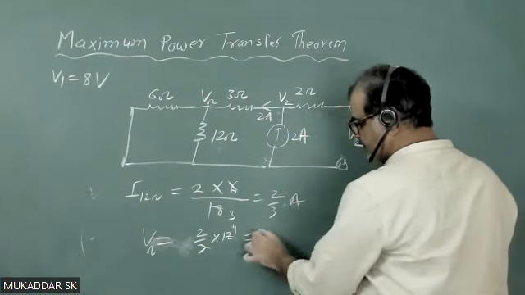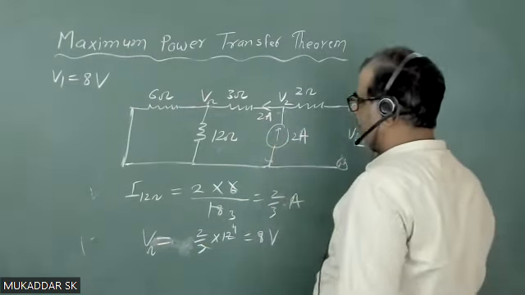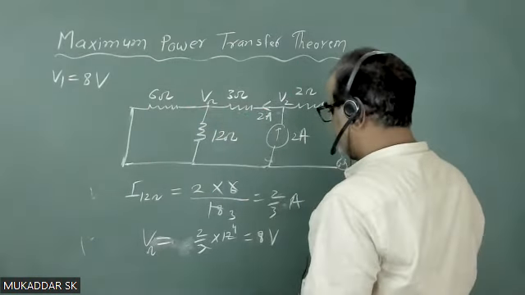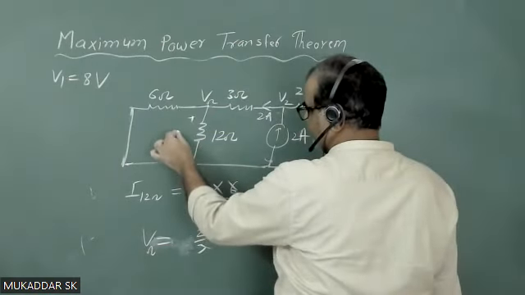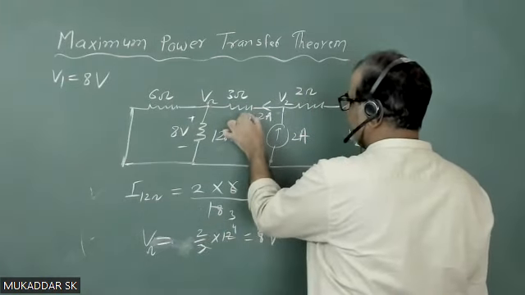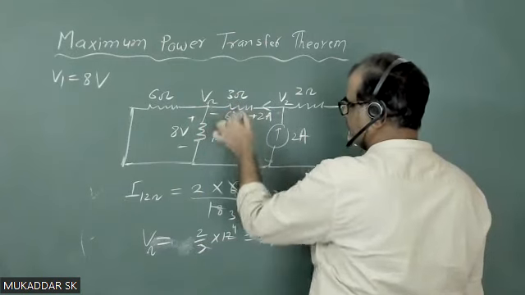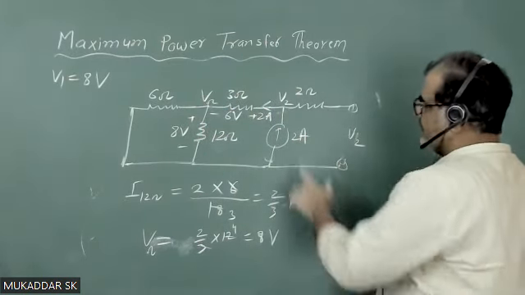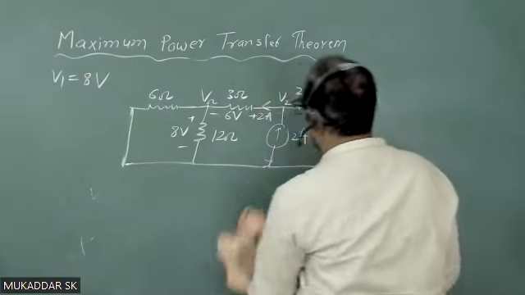Again this comes out to 8 volts, but I need this V2 voltage, because there is a drop here. This is my 8 volts. Similarly, the 2 ampere current is flowing through the 3 ohm, so this becomes 2 into 3, 6 volts. Now I can easily find V2.